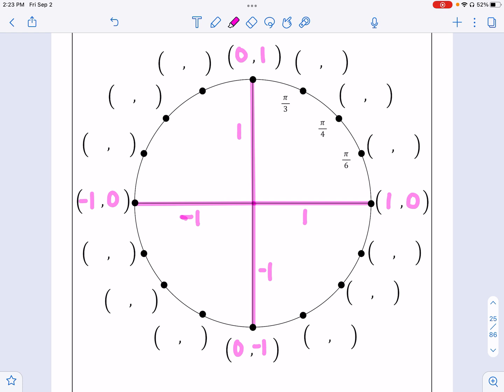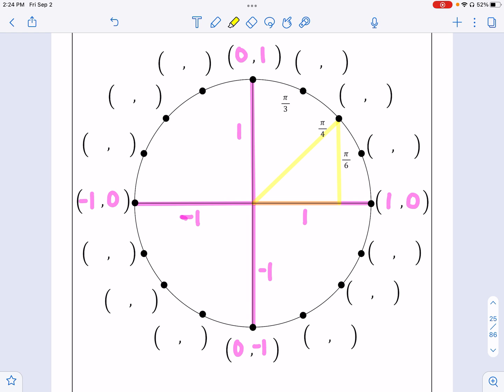Okay. So other things to keep in mind are if we're thinking about this right here, we know that the height going down and the distance from the center to that same point over here are going to be equivalent.